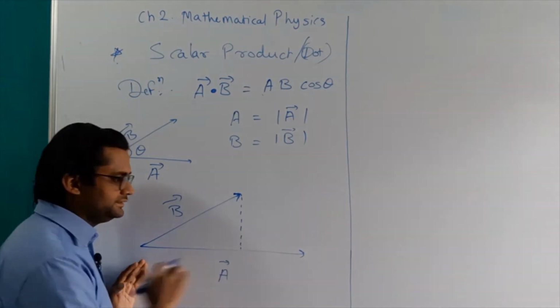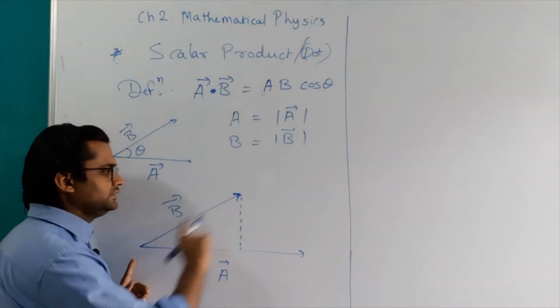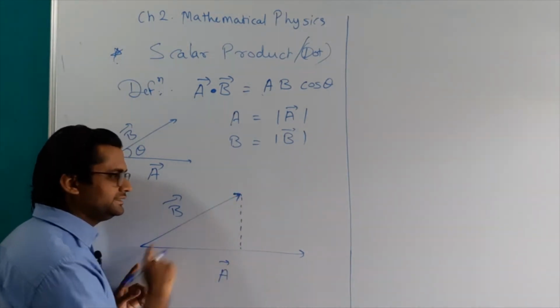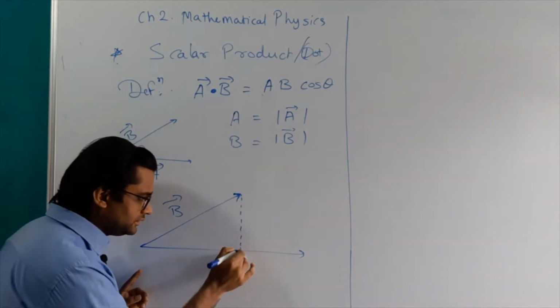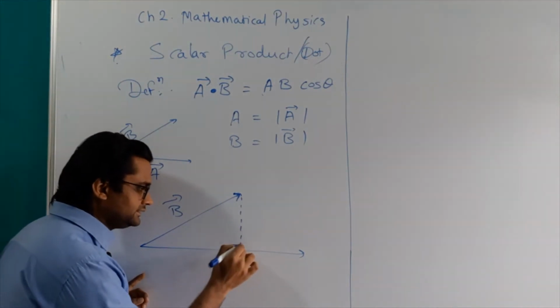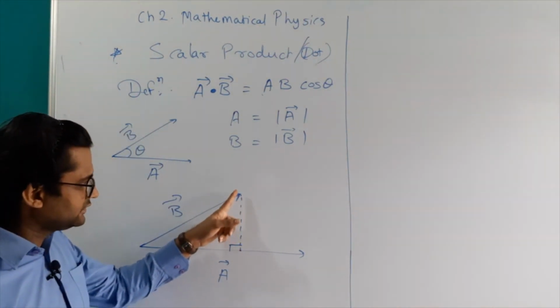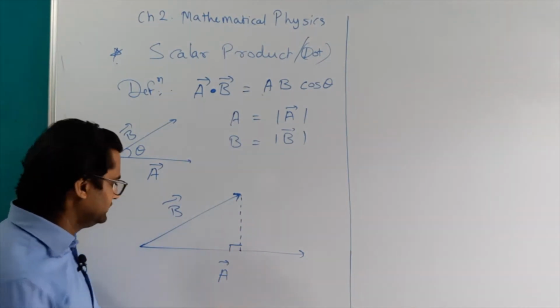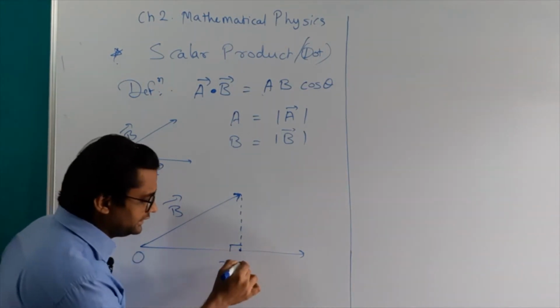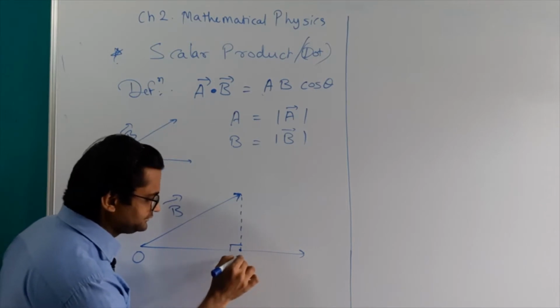Let us say a vector is in x direction. So how to take component of any vector in x direction? We draw a perpendicular from the tip of this second vector on this first vector on this axis. Okay, so let us put perpendicular from b vector on a vector. Now we have this part, let us name this part O, and let us say this is P.